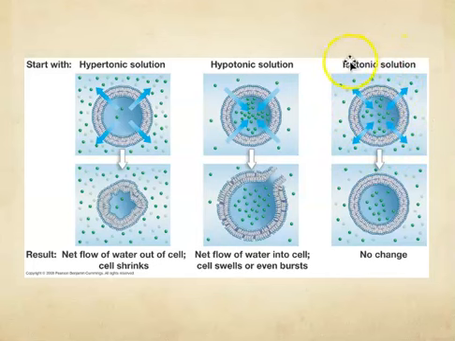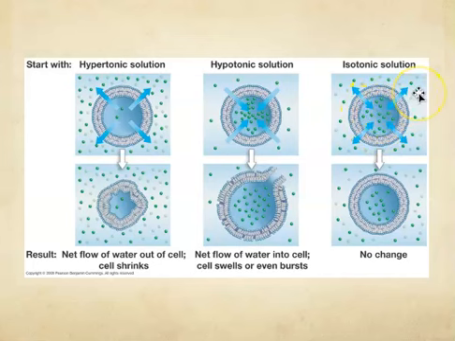This is an isotonic solution. So in other words, the concentration of particles, these green particles that are on the outside of this cell, is the same as the concentration of particles that are on the inside of this cell.